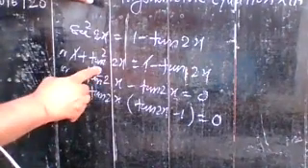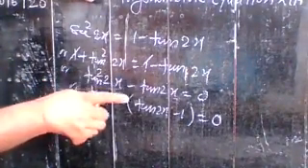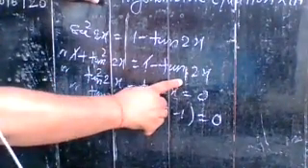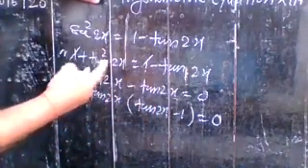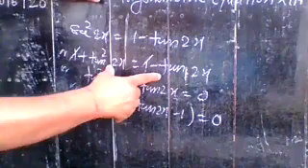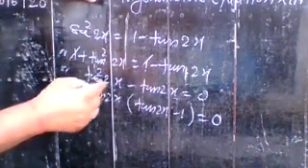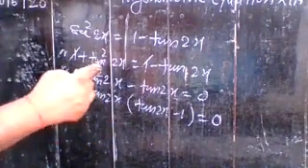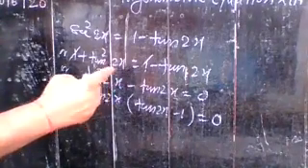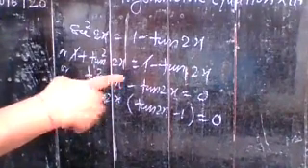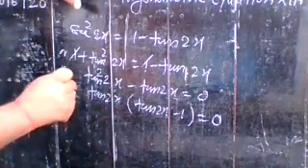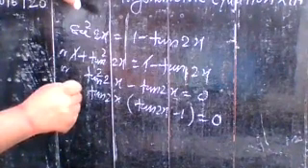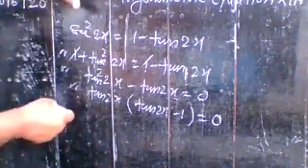But listen, students, generally what you do: here you have tan square 2x, and on the right side you have tan 2x. After this step, you have tan square 2x is equal to minus tan 2x. Generally most students cancel out tan 2x, seeing the same term on both sides. But if you cancel this term, you completely omit one of the solutions of x.